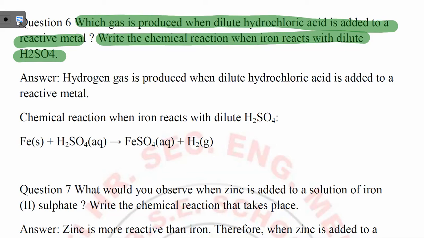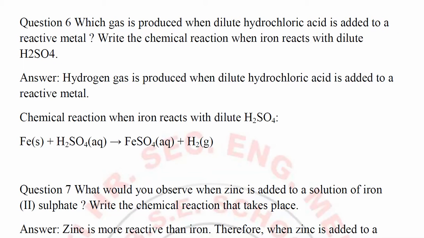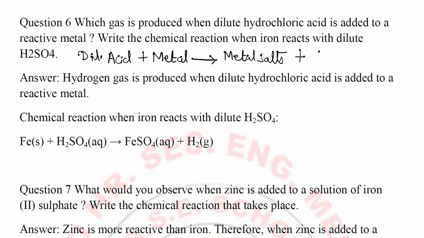So here it is asking that when HCl is reacting with a reactive metal, which gas is released? We know that when dilute acids react with metals, they undergo a reaction, and metal salt plus H2 gas will be released.